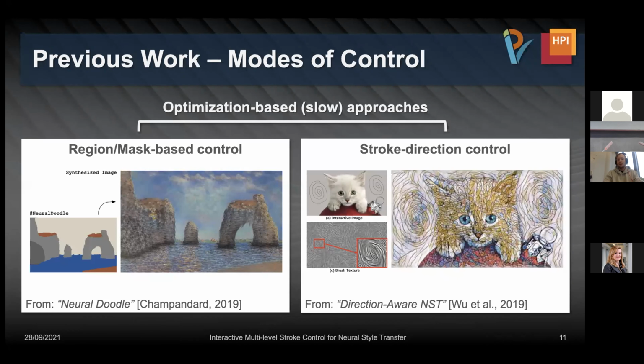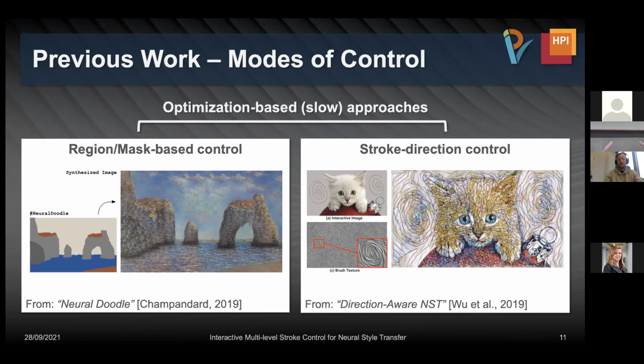In research, there has been some effort to extend modes of control for neural style transfer. For example, for the optimization-based and slow approaches, there have been quite a few. Generally, they work by proposing additions to loss functions. For example, on the left, we see the region-based or mask-based control in Neural Doodle.